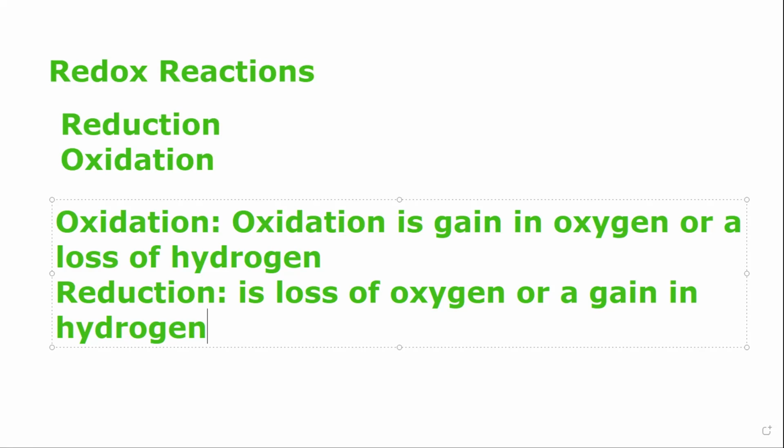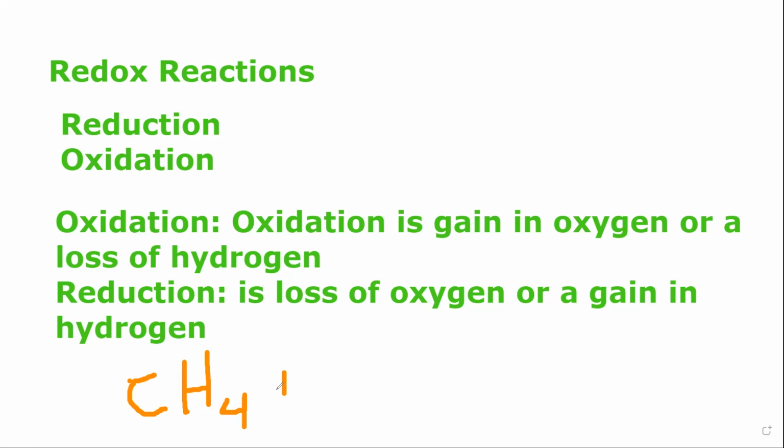Any combustion process is classified as oxidation as it involves gain of oxygen. For example, if we are burning an oil, a gas or coal, such as the burning of methane gas, the formula for methane gas is CH4.